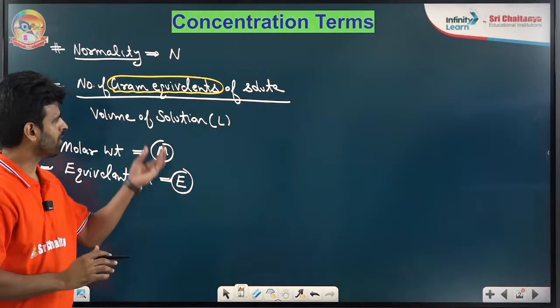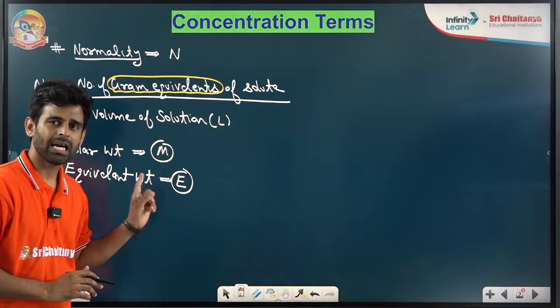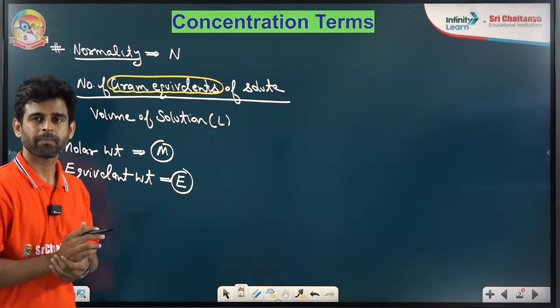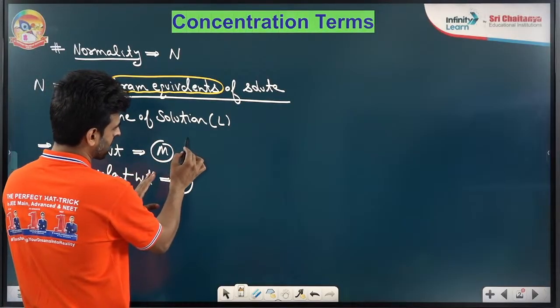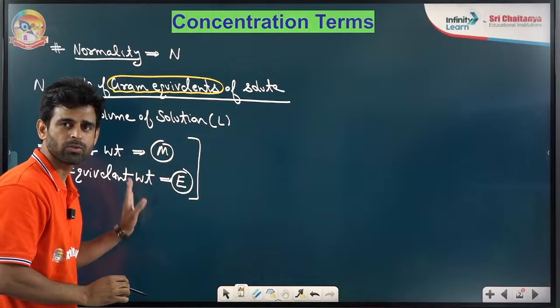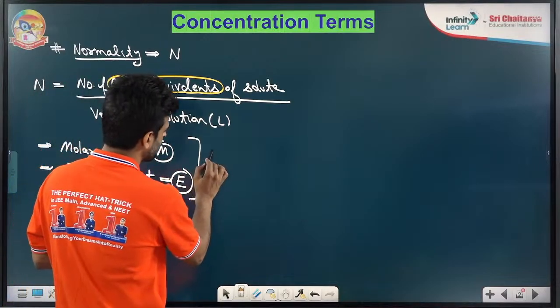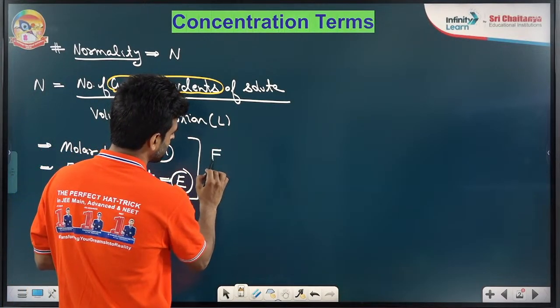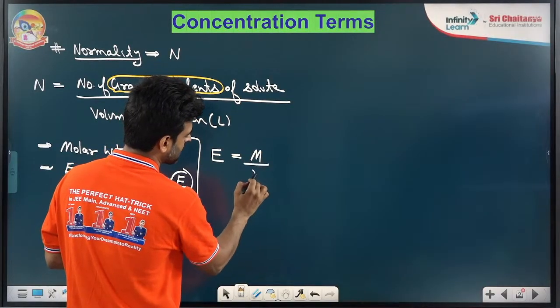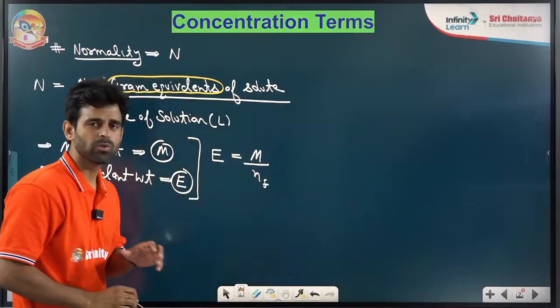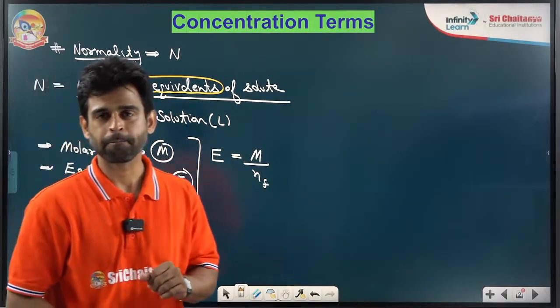So to find the gram equivalents, I have to find the equivalent weight. For now, just try to understand how we can relate these two terms. Equivalent weight, E, is actually the molar weight divided by the N factor of that solute or substance.